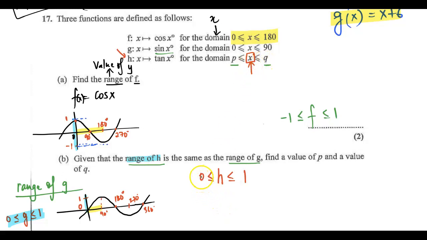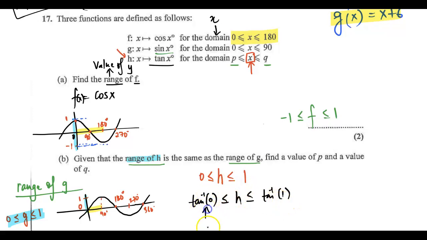We just have to think of what angle of tan, because h is tan x. What angle of tan gives us 0? I guess tan 0 gives us 0. Or you can take the inverse of h and the inverse of 1. If the range of h is 0 to 1, then p and q are going to be tan inverse 0 and tan inverse 1.